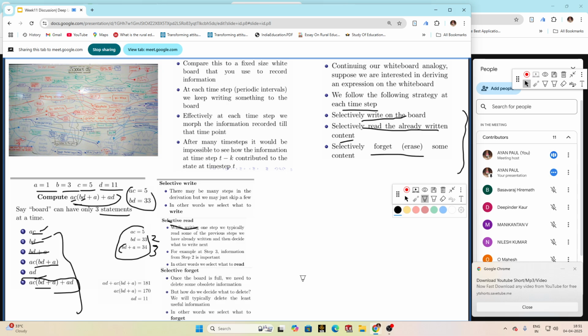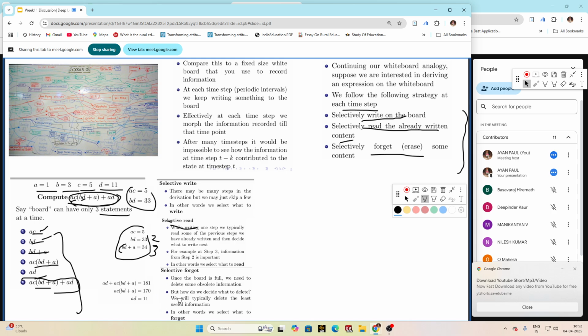Now in the third step, we have to selectively forget, because we need this information, that is AC, BD plus A, plus AD. But if we read these three things, our board is already occupied by three statements, and the board can only have three statements. So we have to erase some and then write some.